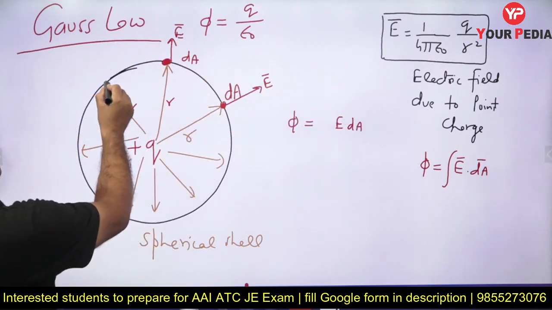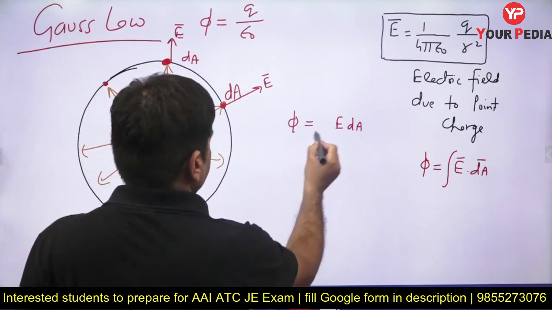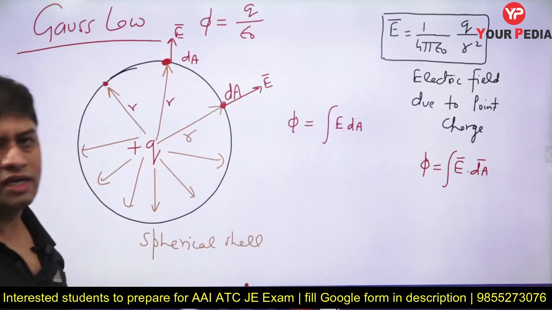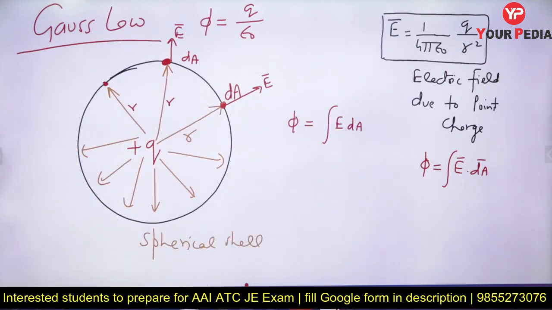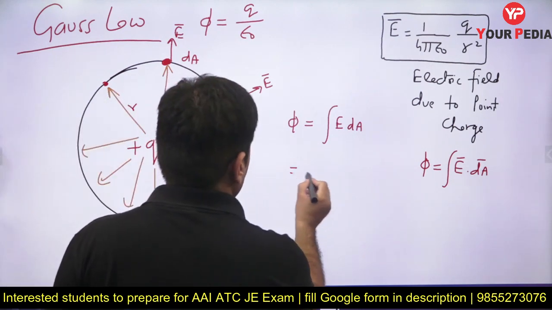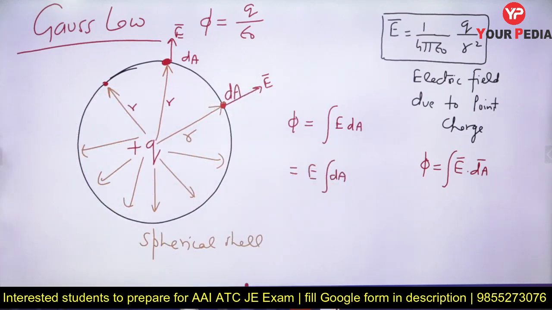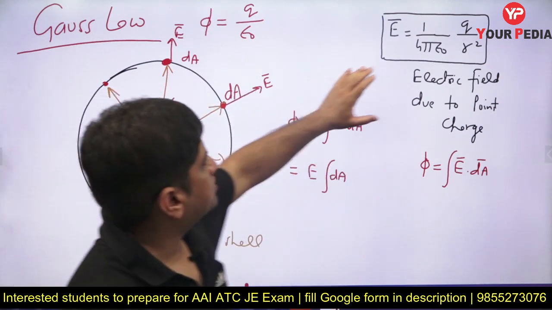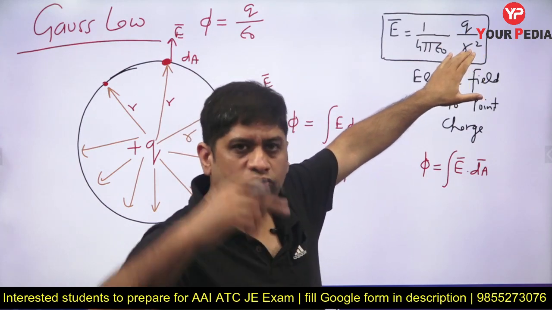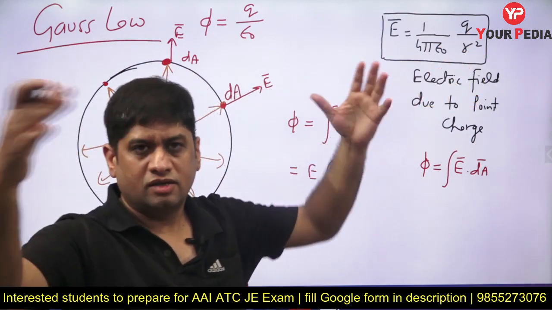So total electric flux will be how much? Total electric flux will be the integration of E into dA. Now if E everywhere is the same, I can take E common. How do I know E is everywhere the same? Because r is the same everywhere on the periphery of the spherical shell.